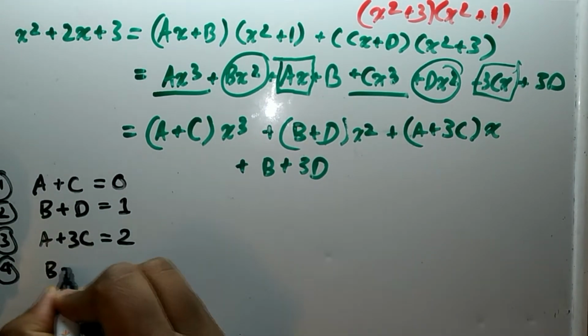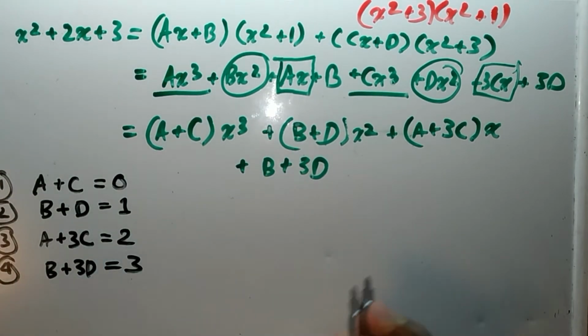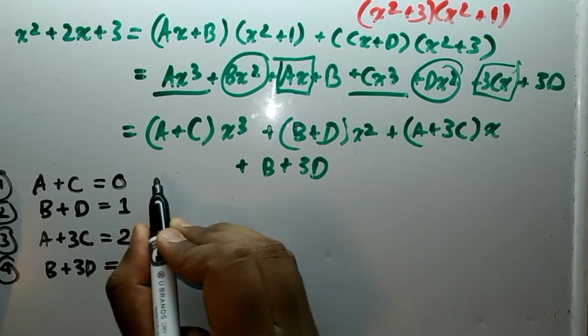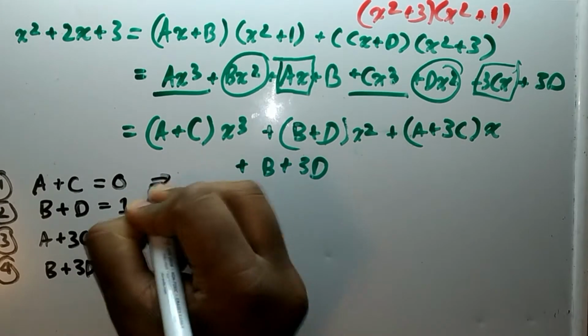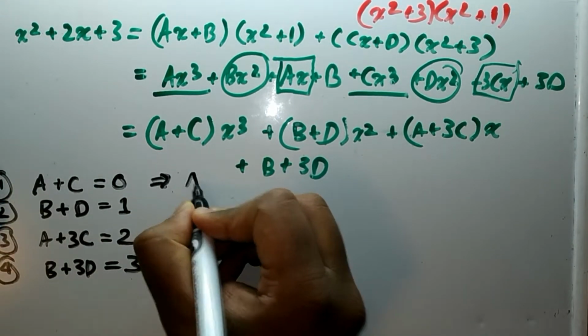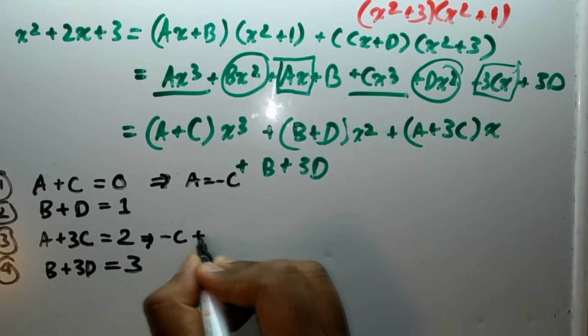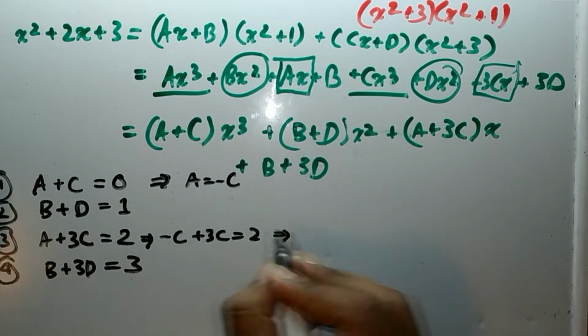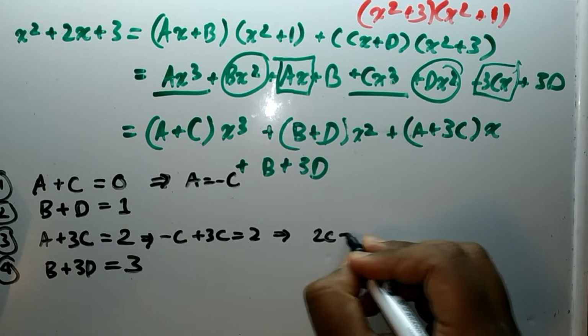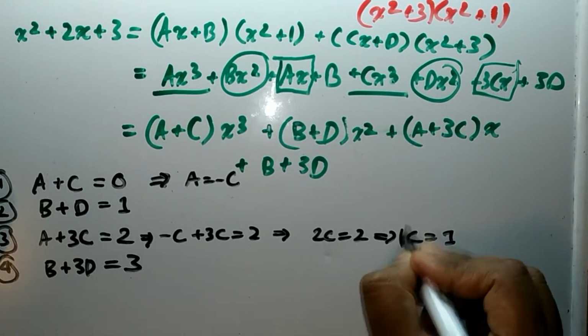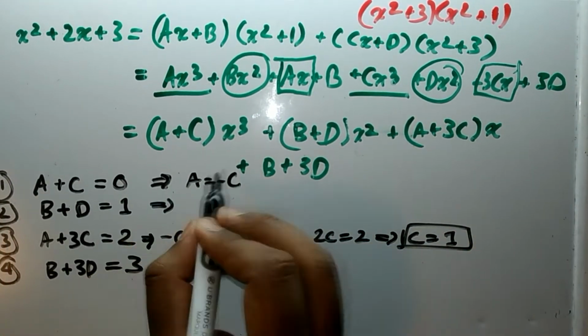And finally, for the x to the 0 terms, there's 3 on the left-hand side. Here I'm just going to do some substitution. So I'm going to make a equal to negative c, and then I can put that in here to get the value of c. The value of c is going to be 1 if we work that out.